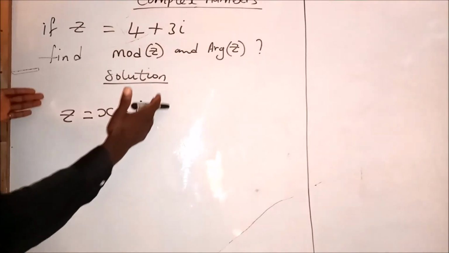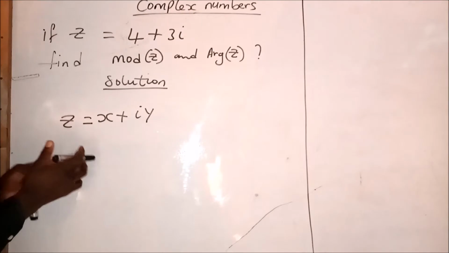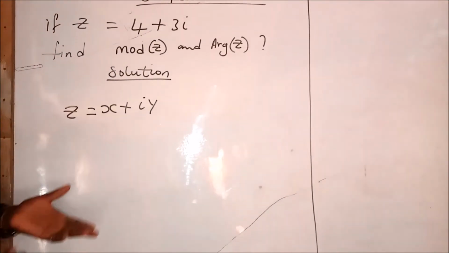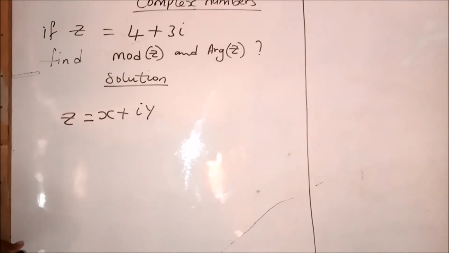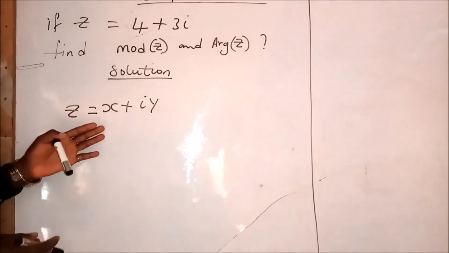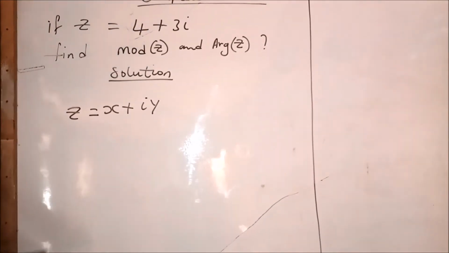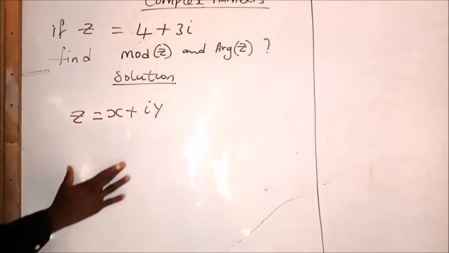This is the Cartesian form of a complex number, because complex numbers can be written in different forms. We have the coordinate form, the component form, the polar form, and the Euler form. But this one now is the Cartesian form.